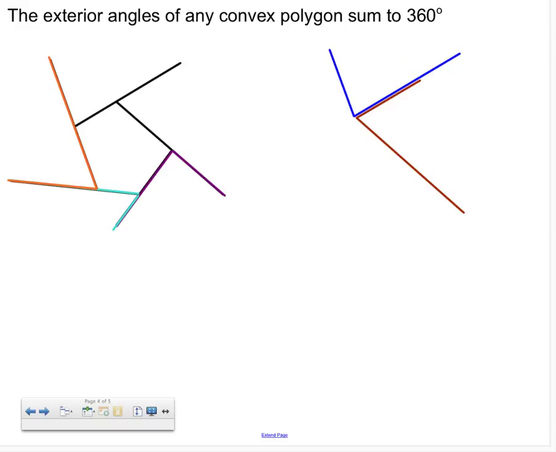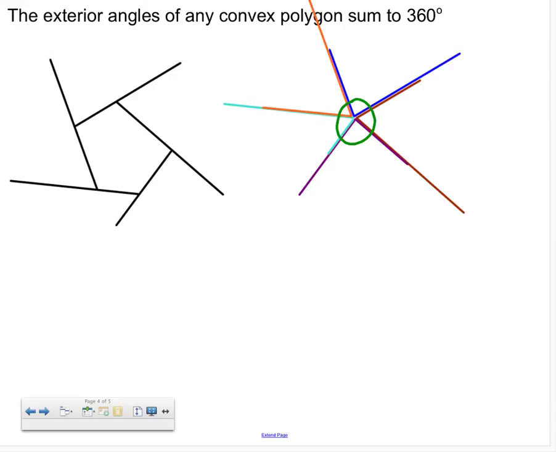So if I take each of these pieces and put them together, they should, give or take human error here, form a pretty decent circle. If I fit the last one in there, you can see all these angles are going to form a full circle. So that means they're all going to add up to 360.